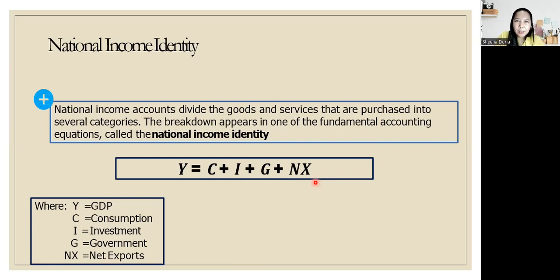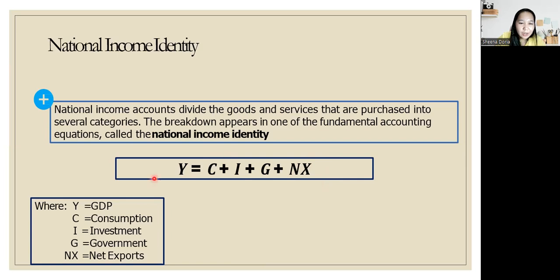So, ibig sabihin nun, pag mas mataas, kunyari, mataas ang exports at mababa yung imports, syempre positive itong net exports natin. Okay, so ibig sabihin, pag mas mababa yung in-import natin kaysa in-export natin, magiging negative ito. So, ibig sabihin, para siyang bumabawas sa GDP natin.